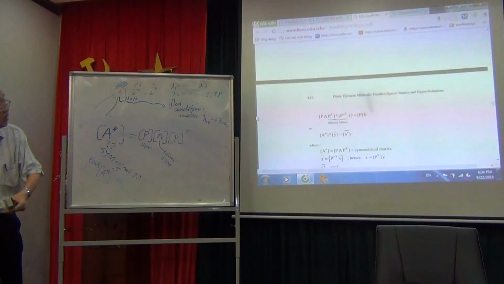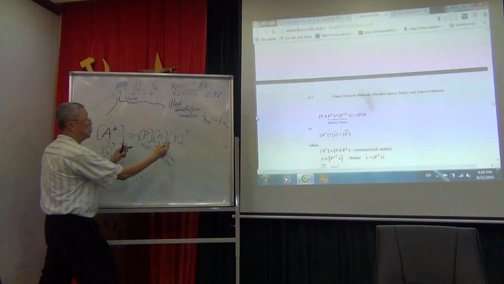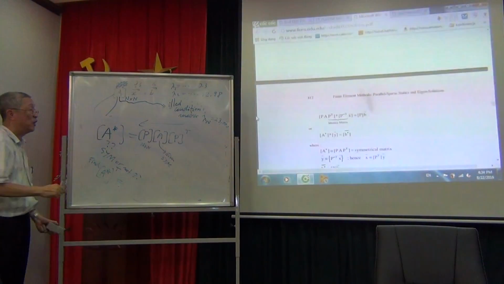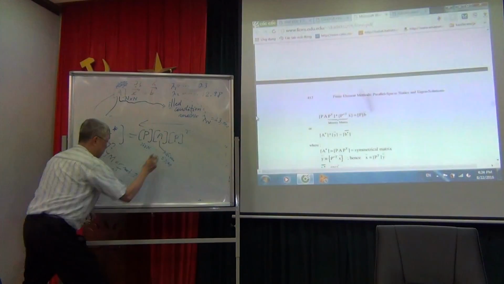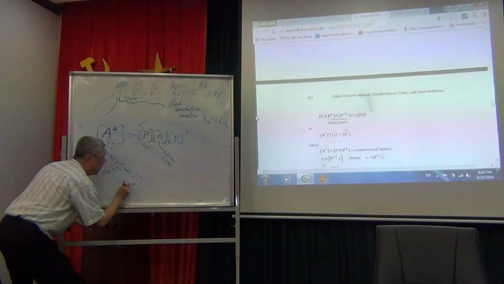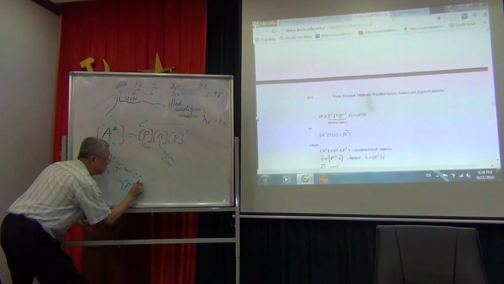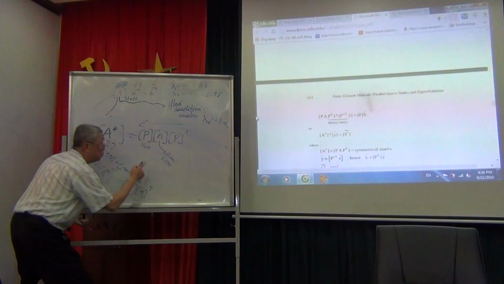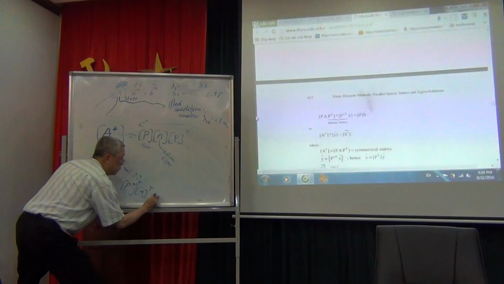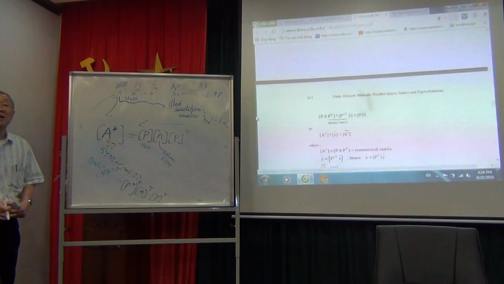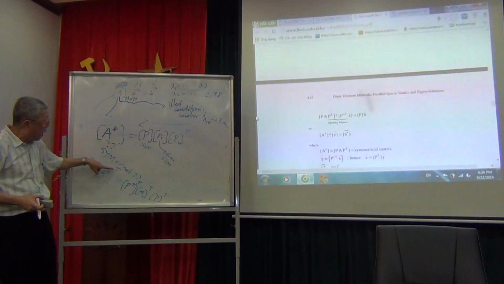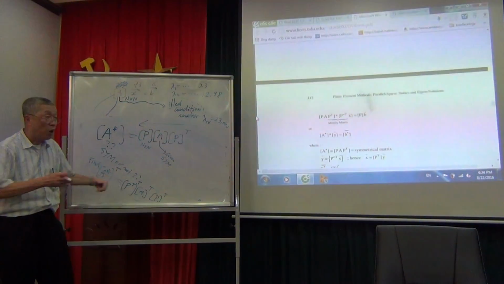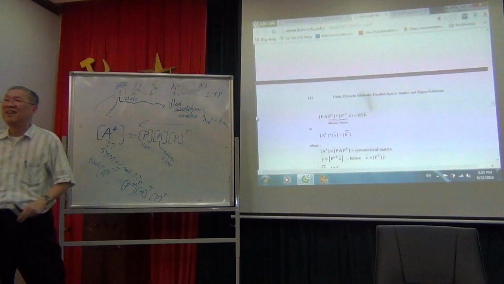Now, if A star is defined like this, what is A star transpose? Well, from algebra, you know the transpose of a product is the product of the transposes in reverse order. So that will be equal to P transpose times A transpose times P transpose, right? Is that clear?